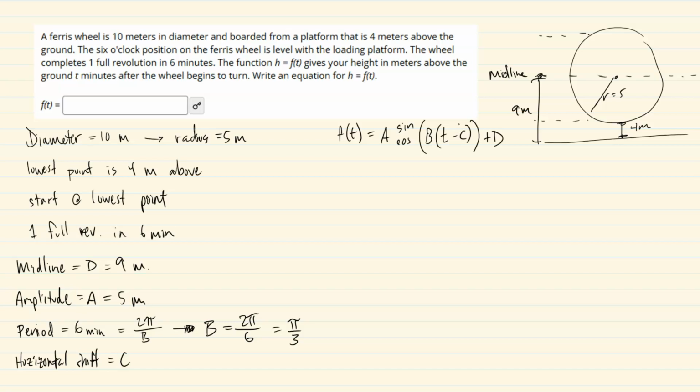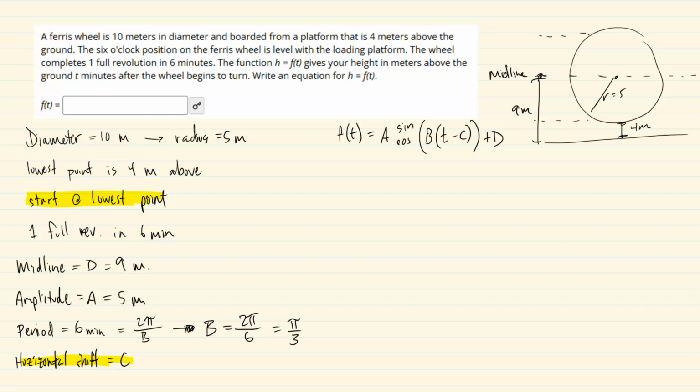So based on this information, we would determine it based on the starting point. So the horizontal shift is based on the starting point. It's at its lowest point. So that tells us the starting point, the beginning of our essentially t equals 0.